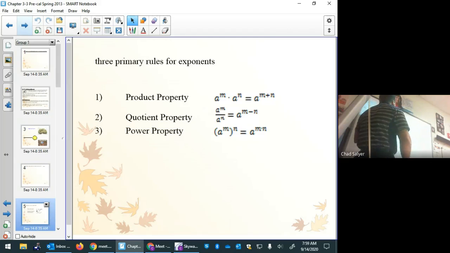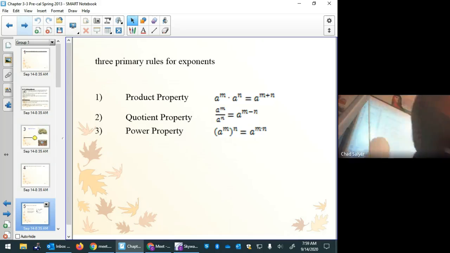All right, so 3 primary rules for exponents. This is a bit of a review. Remember your 3 major rules for exponents. They are the product property: if I have the same base and I multiply those together, I'll sum their exponents. If I have the same base and I divide them, this is the quotient property, I subtract their exponents. And when I have the power of a power, I'll multiply their exponents for the power property.